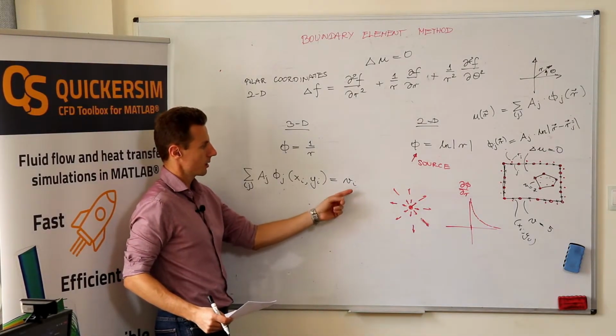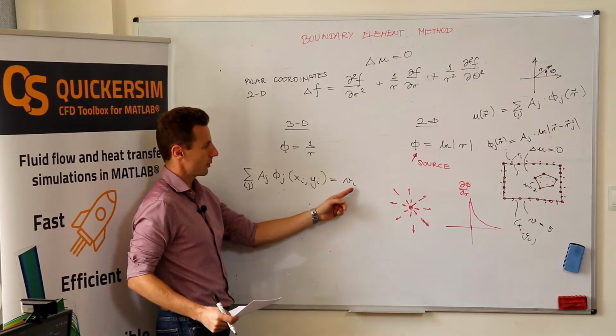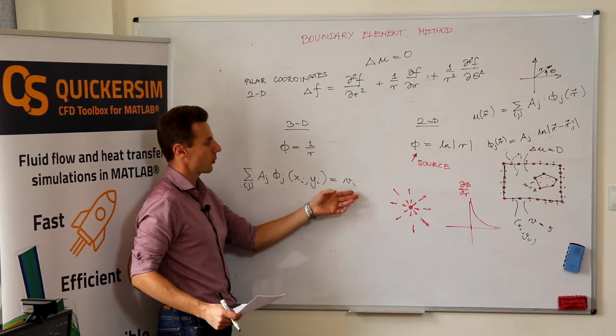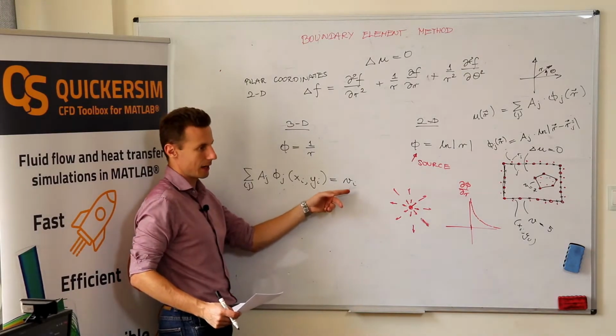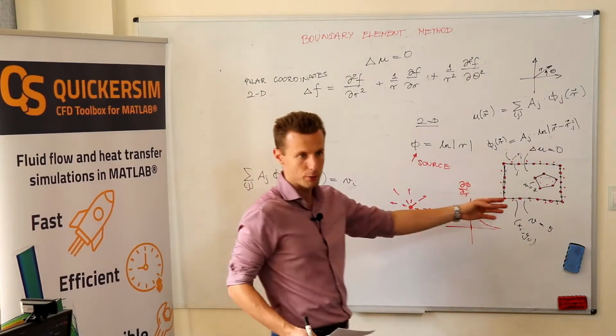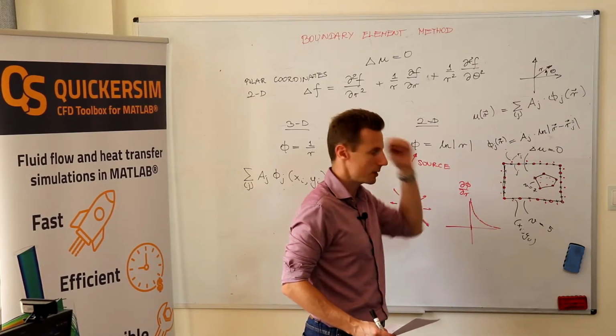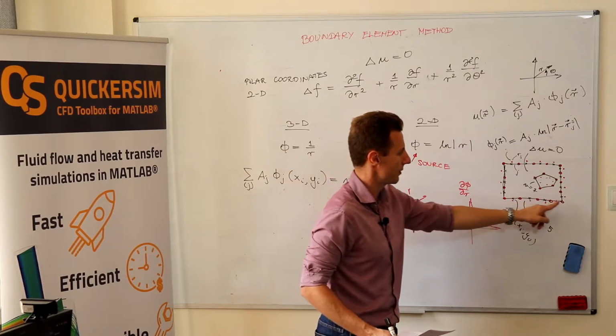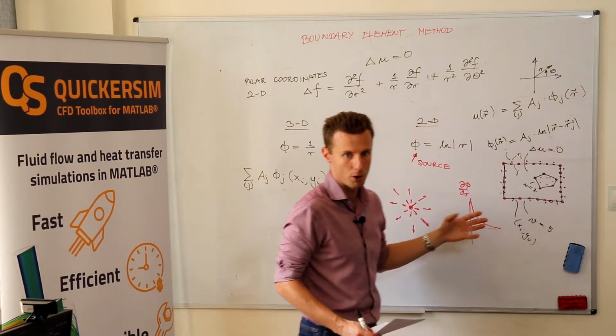Now, we generate equations by indexing I. We generate equations saying that we need to fulfill the requirement of having the proper value at the boundaries, so at the control points.